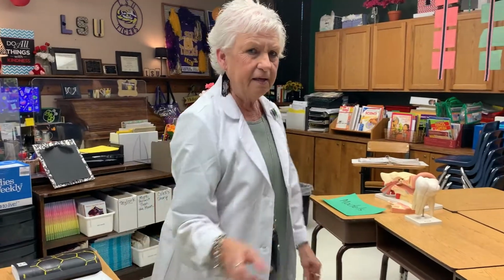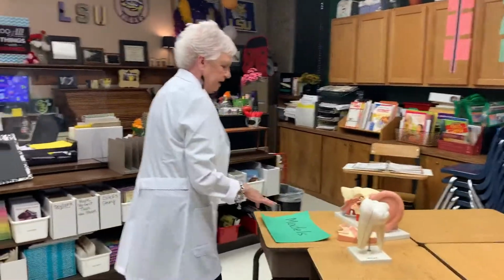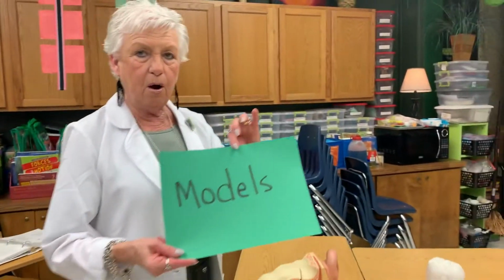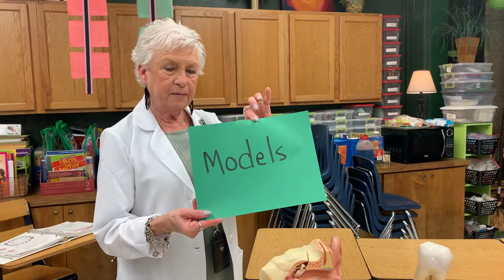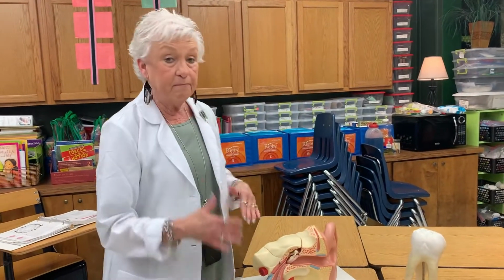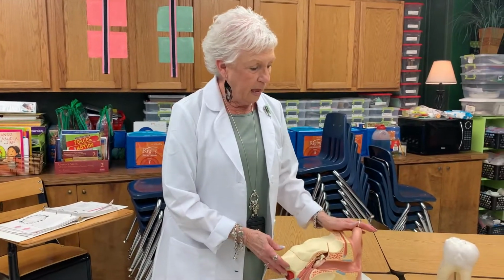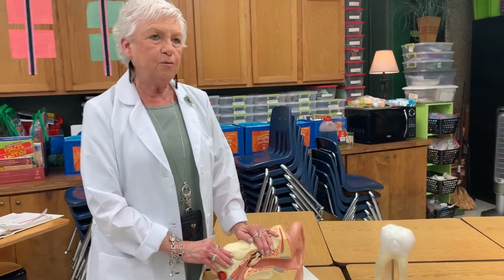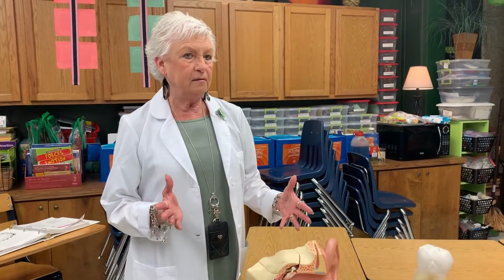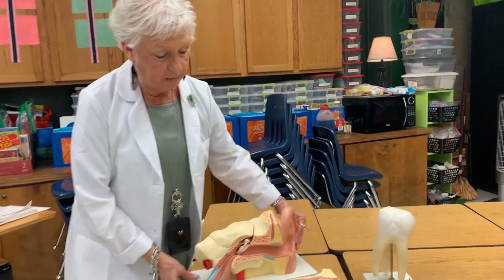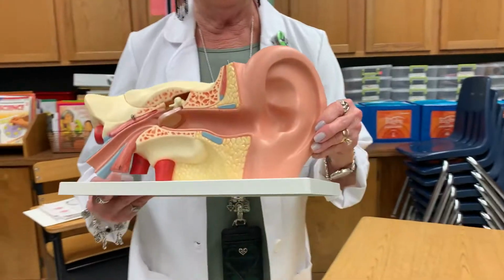Now, I didn't show you this during our first lesson, but I'm going to share it with you now. These are what we call models. Scientists have models to share information with people. And models can either be bigger than the real thing or smaller than the real thing. If you look at this model, this is the model of our ear.